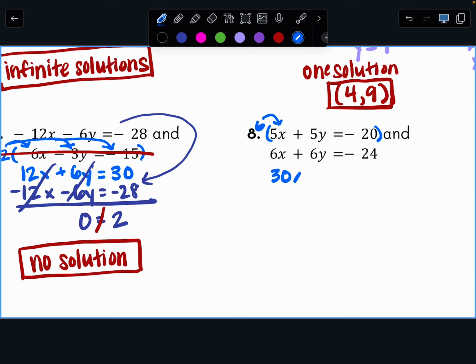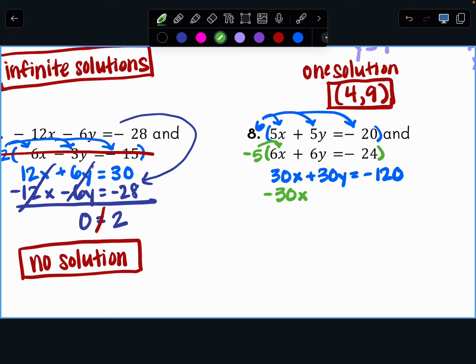which gives me 30x plus 30y equals negative 120. And I'll multiply the second equation by negative 5 to give me negative 30x.